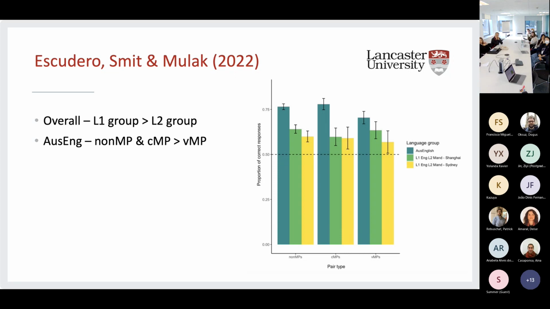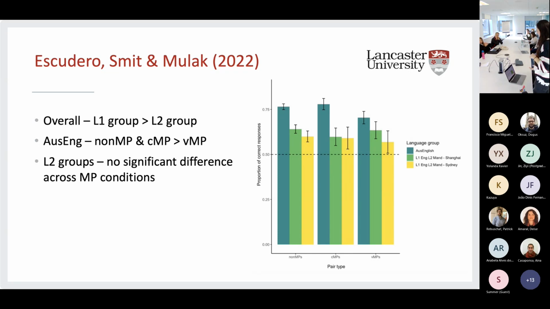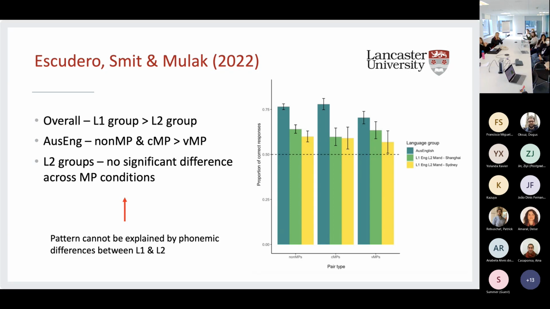So vowel minimal pairs had lower accuracy than consonant and non-minimal pairs. However, for the L2 groups, for the Mandarin native groups, they didn't find significant difference across minimal pair conditions. So this was not what they predicted, because as I said, for Mandarin learners, the vowel contrasts should be harder than the consonant and non-minimal pairs.